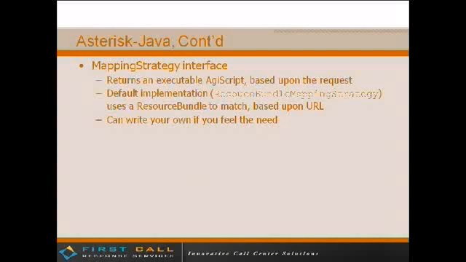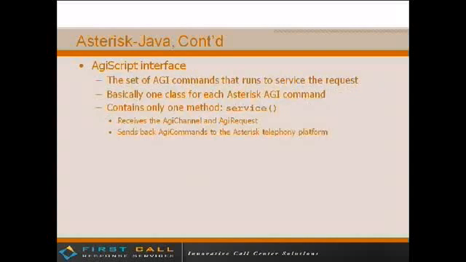And the AGI script interface of the Asterisk-Java package is where all the heavy lifting happens, and pretty much there's only one method to the AGI script called service, which receives the AGI channel and the AGI request from the Asterisk server, that boatload of parameters and whatnot that AGI sends you, and then it'll send back the AGI commands to the server.